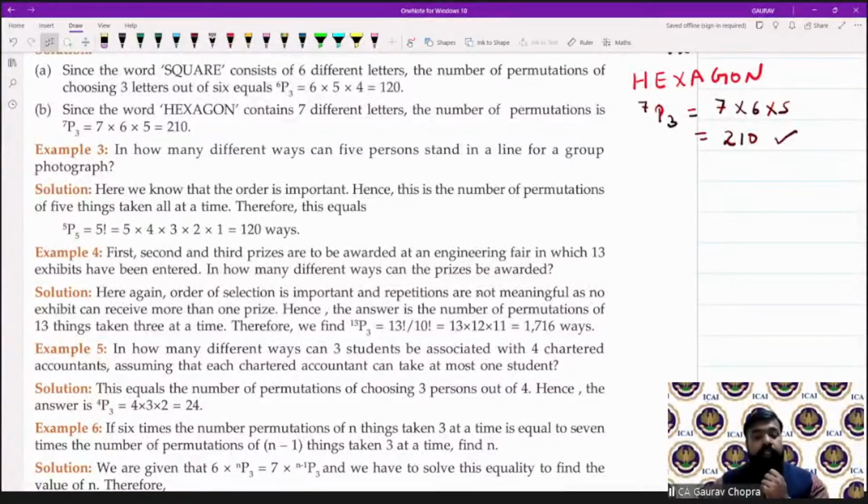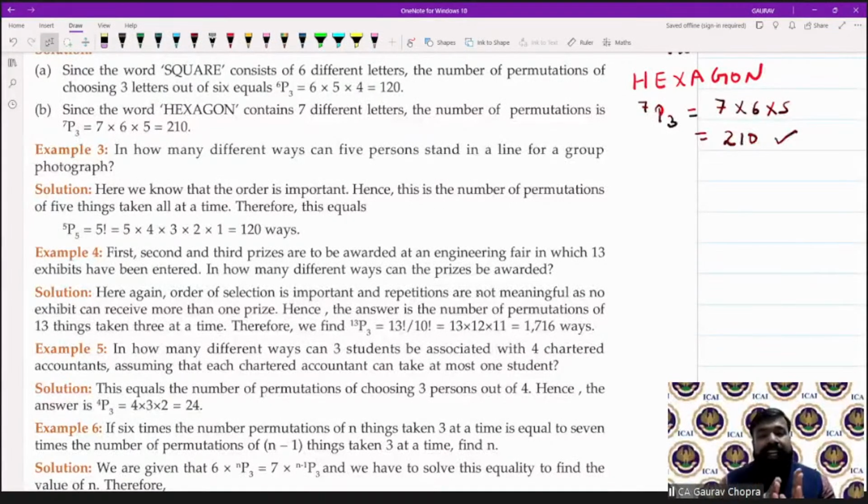Now, example 3, we have already covered before, so let's do it once again. In how many different ways can 5 persons stand in a line for a group photograph? So 5 persons are there. For the first person, 5 places are vacant.